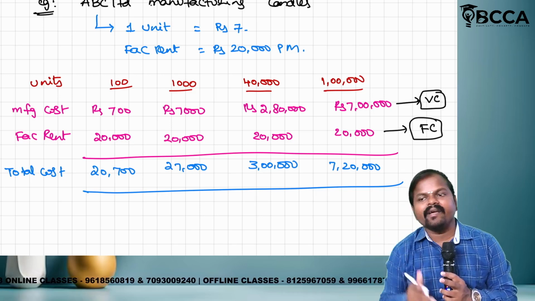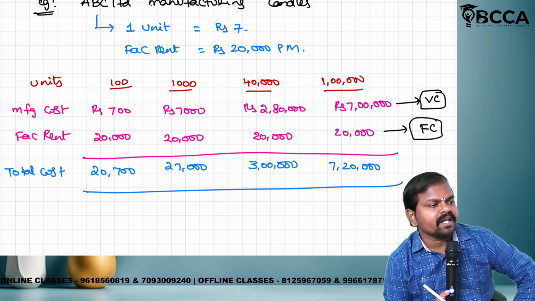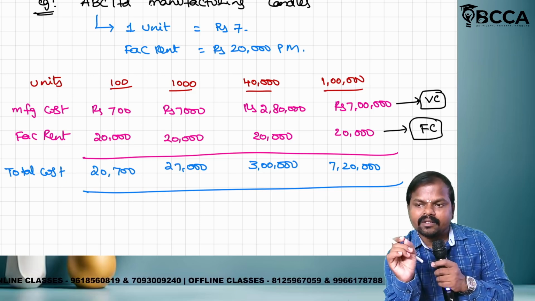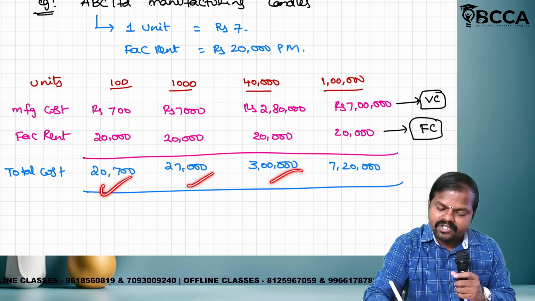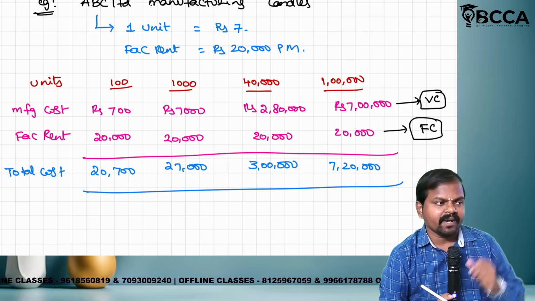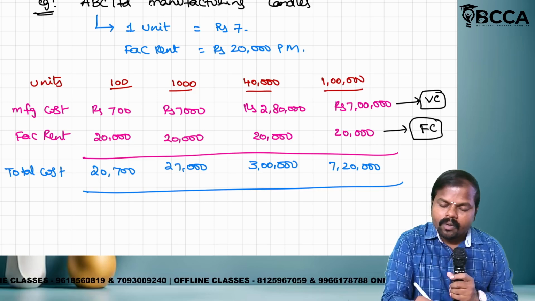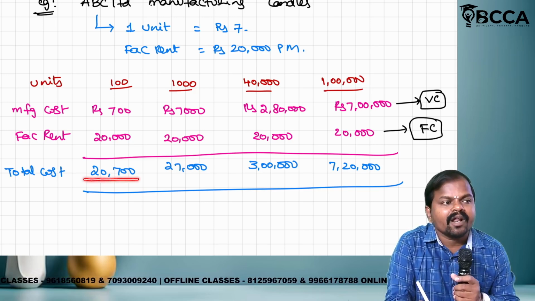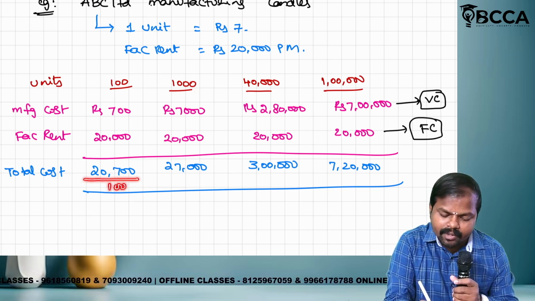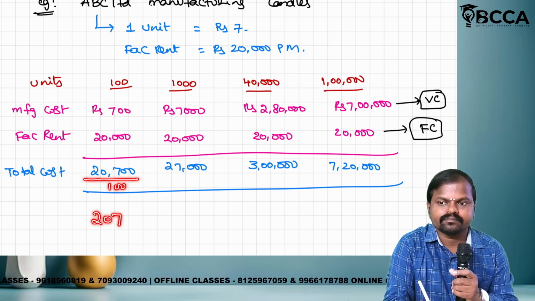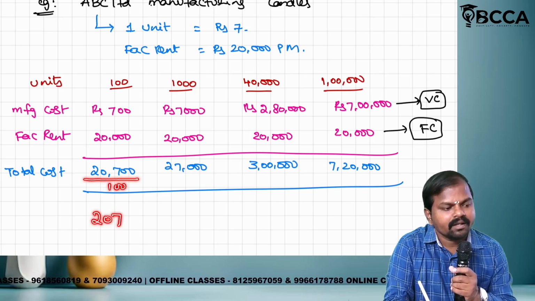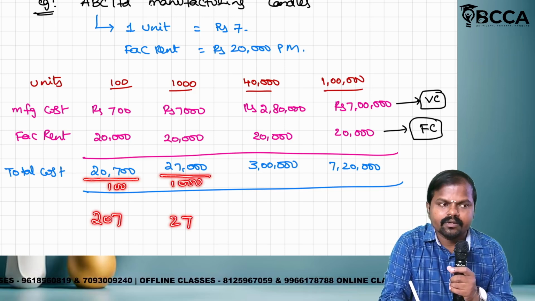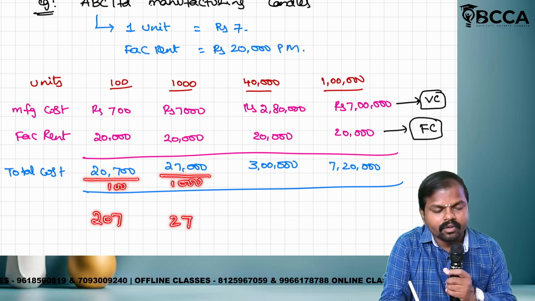We will check variable cost. What is a variable cost? Condition number 1: totality should change. Totally changed, na? Condition 1 first. Condition number 2: cost per unit will be the same. 20,700 for how many units? 100 units, 207. Correct. 27,000 divided by 1,000, 27.